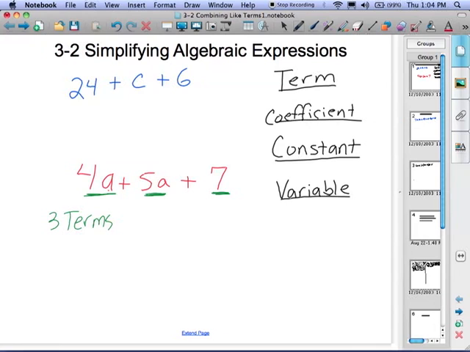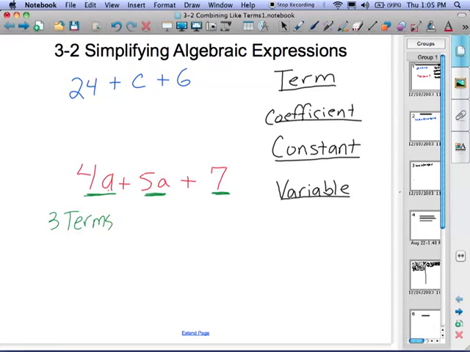In the expression above, the 24, the c, and the 6 are terms. So terms are the individual pieces in an expression that are separated by addition or subtraction. So we can have 4 times a, that is a term. We can have c all by itself, that is also a term.